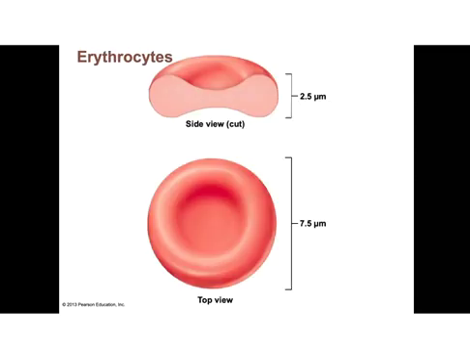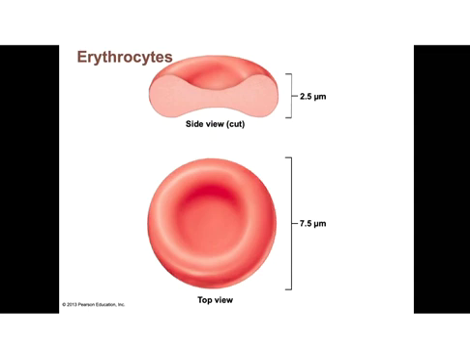Okay, now this is a look at an erythrocyte, a red blood cell. Looks like a frisbee. Okay, it's got a thick rim and a narrow middle, and the reason for that shape is to increase surface area, because one of the big important processes that helps an erythrocyte function is diffusion.